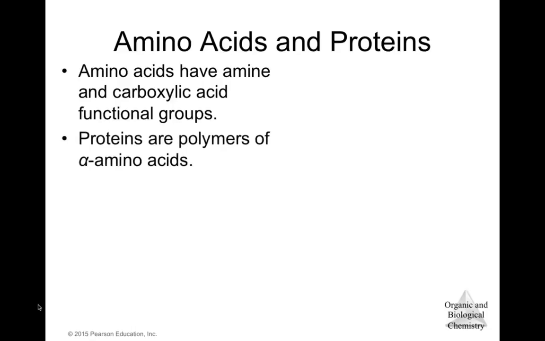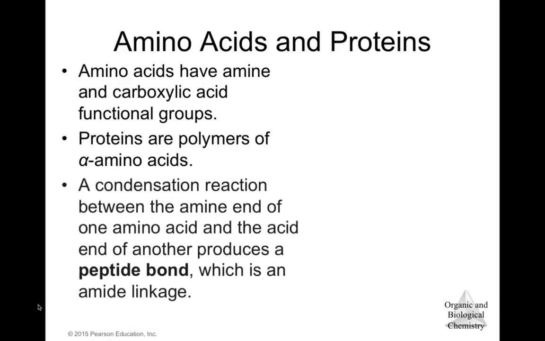Proteins are polymers of alpha amino acids, so that means that the amino acids are like blocks that you can combine to produce a protein. A condensation reaction between the amine end of one amino acid and the acid end of another produces a peptide bond, which is an amide linkage.